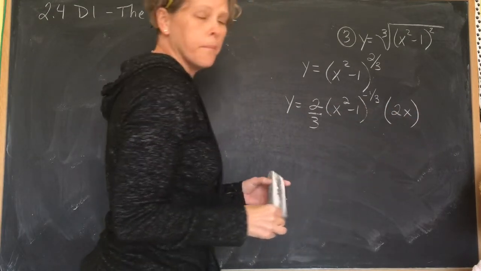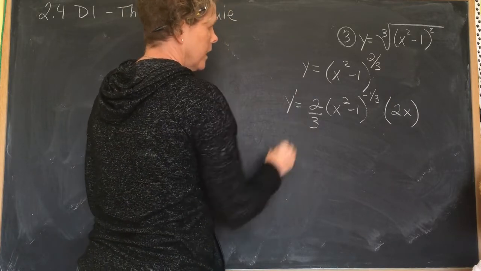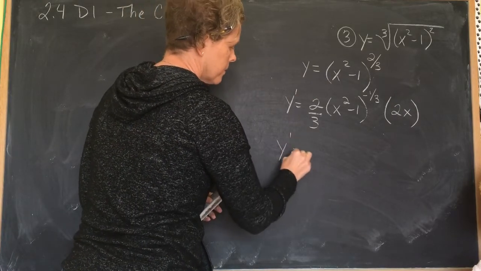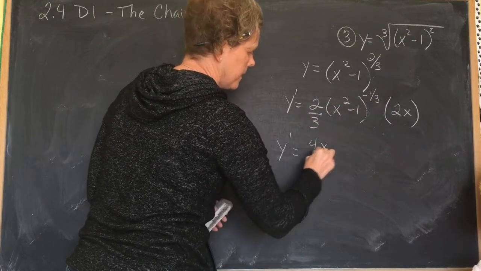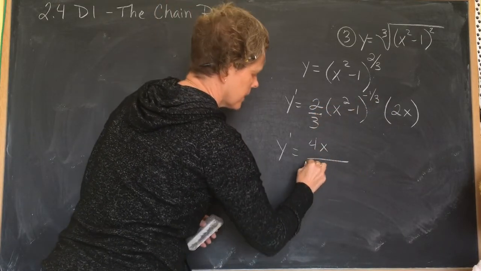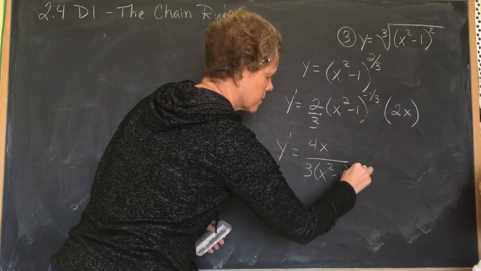So just like before, in that worksheet, make sure you're deliberate on what's in the numerator and what's in the denominator. So my derivative in the numerator is this 2 times 2x. In the denominator is that 3, and then x squared minus 1 to the 1/3.